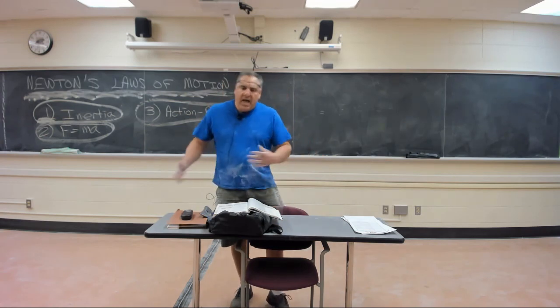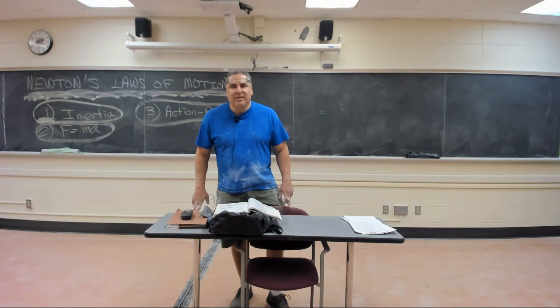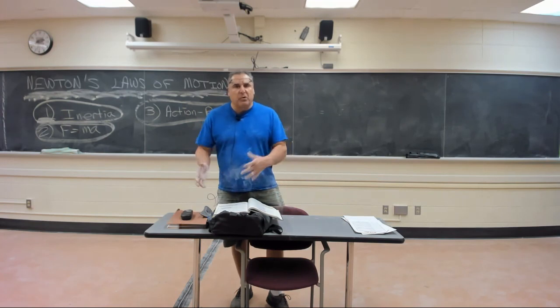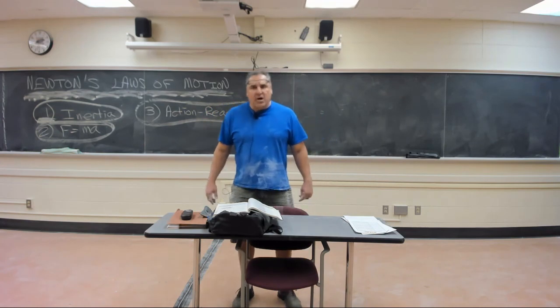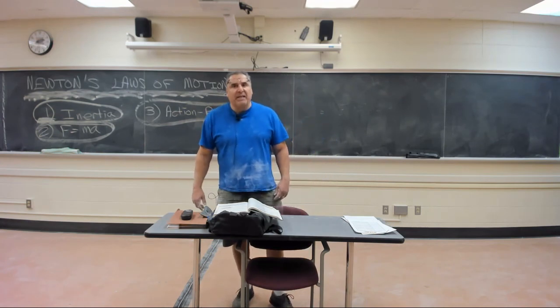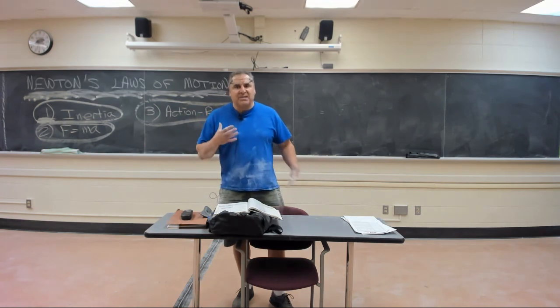The Earth is pulling on me. I'm also pulling on the Earth. My mass is also pulling on the Earth toward me. The Earth is not coming at me the way I'm coming at the Earth, because the Earth is myriads of times more massive than I am.